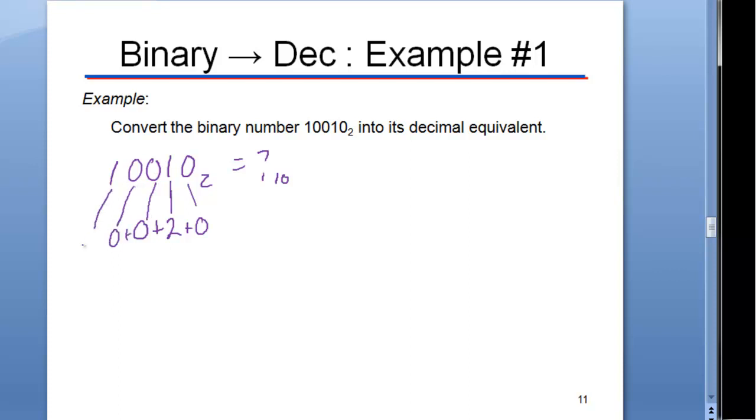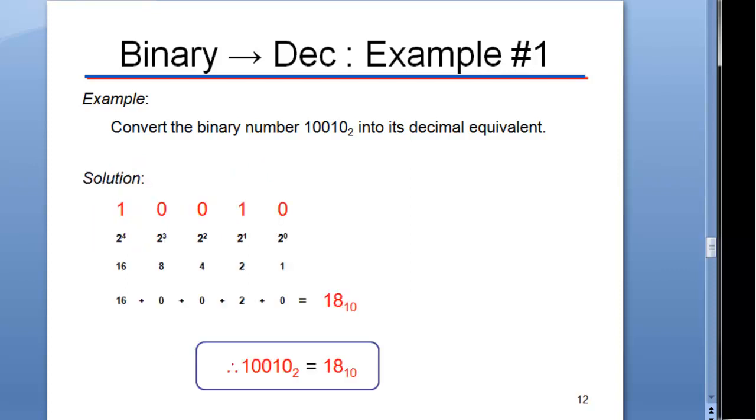And then in the 16s, we have 16. So 16 plus 0 plus 0 plus 2 plus 0 equals 18 base 10. Let's see if we're right. Let's go to the next slide. And there it is, nice and simple. 16 plus 0 plus 0 plus 2 plus 0.